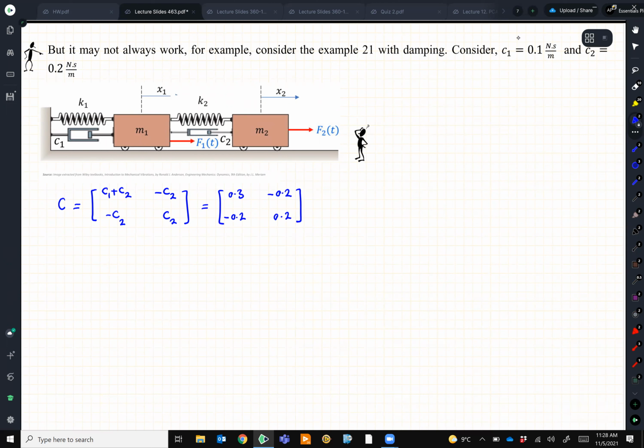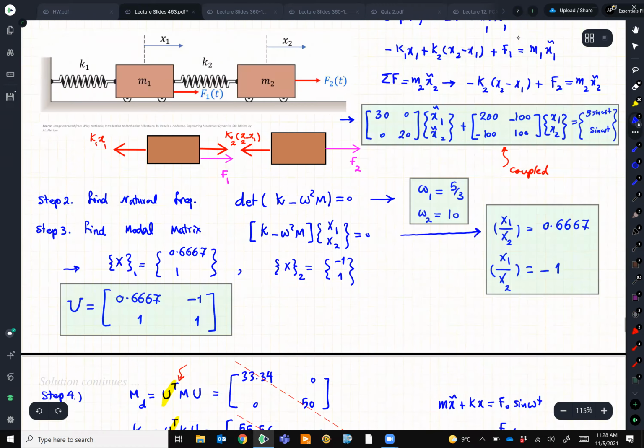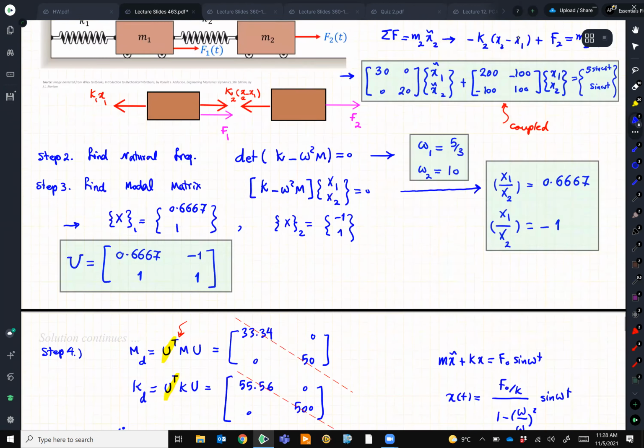So before we had our stiffness and we found the U. Was it the previous example? Yes, it was. Let me move back to make sure. It was this example, 21.